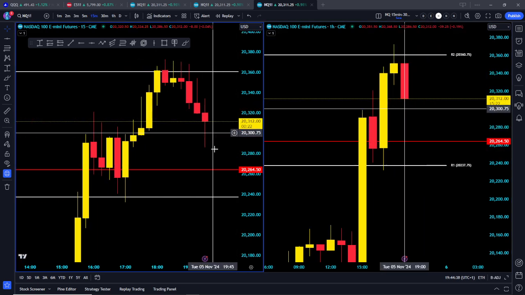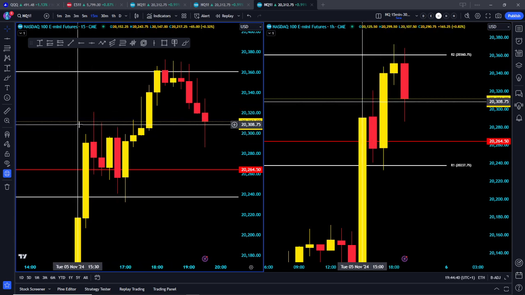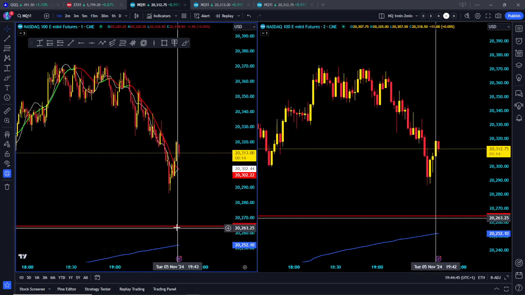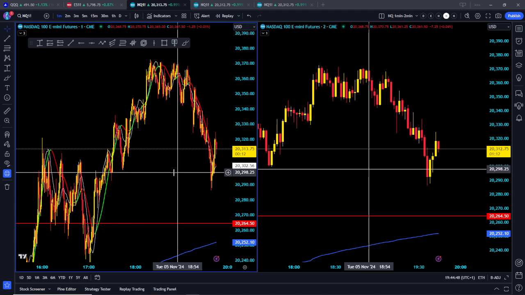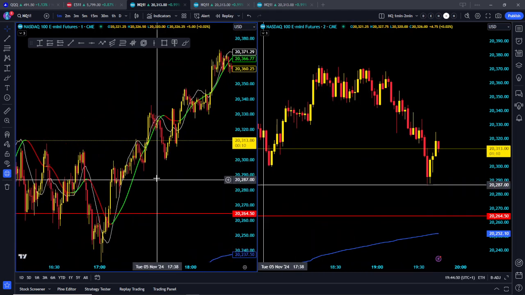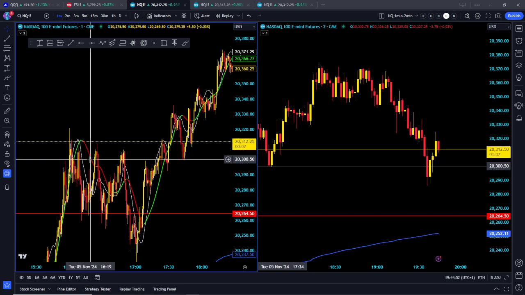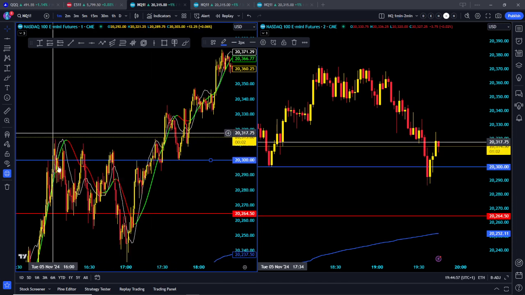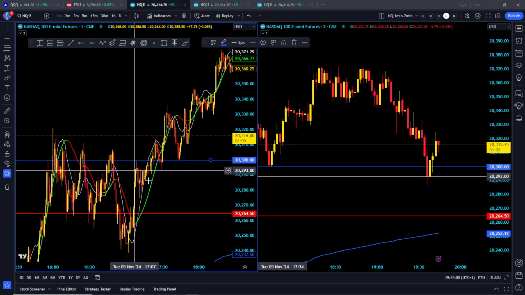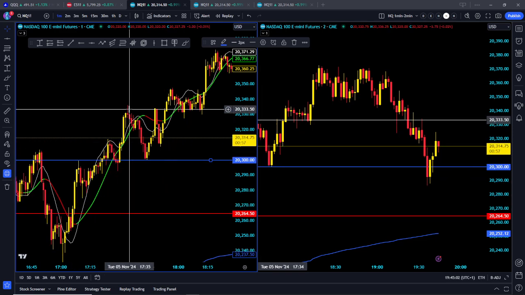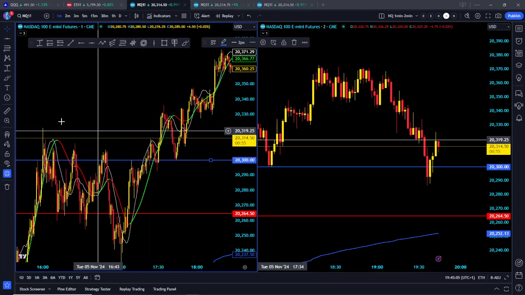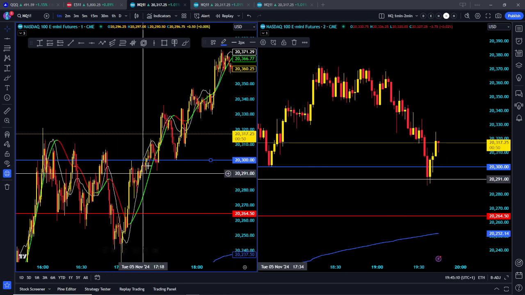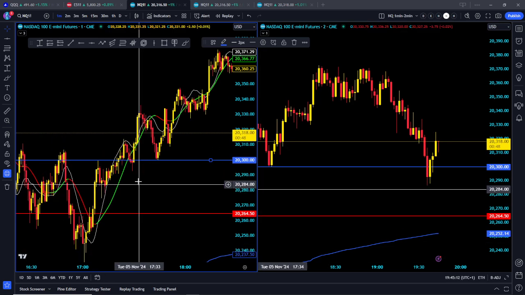And now look at what's happening now. We are retesting the 300s. Look what's happening. We rejected at the 300s several times. Let's put a line here. We rejected it once, twice, three times, four times, before essentially breaking out and retesting what was previous resistance. 20,300 was a price where a lot of sellers stepped in.